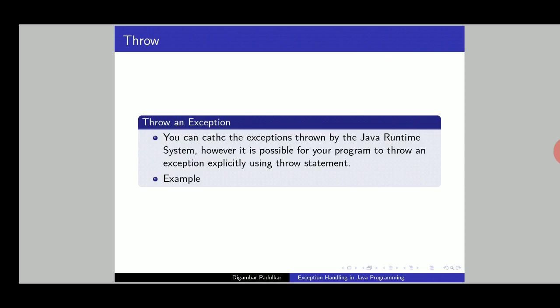Basically you can catch the exceptions thrown by the Java runtime system. However, it is possible for your program to throw an exception explicitly using a throw statement. We'll look at an example of this.